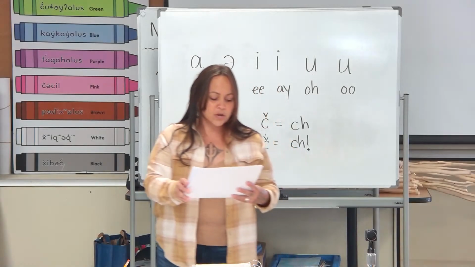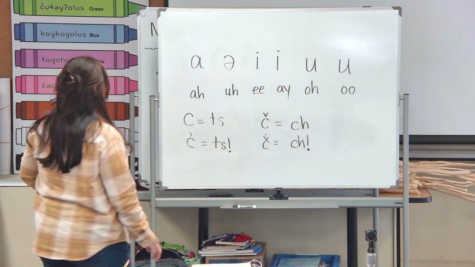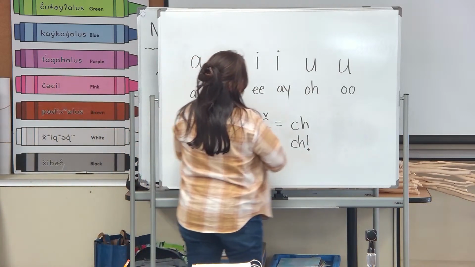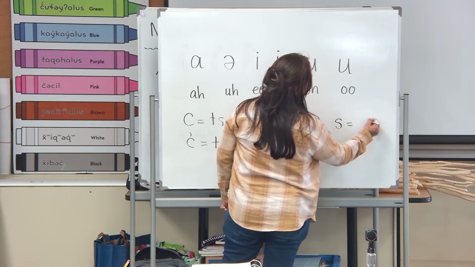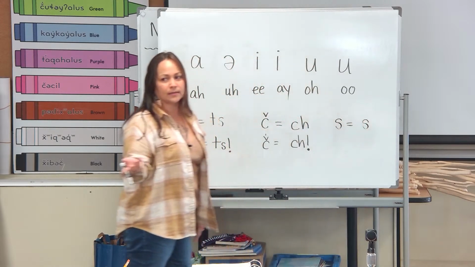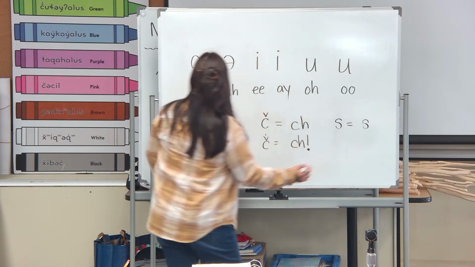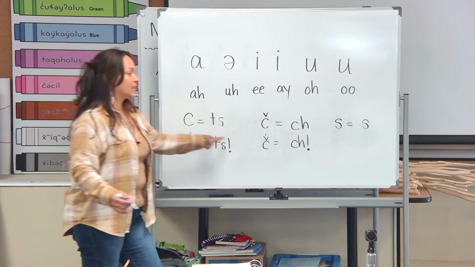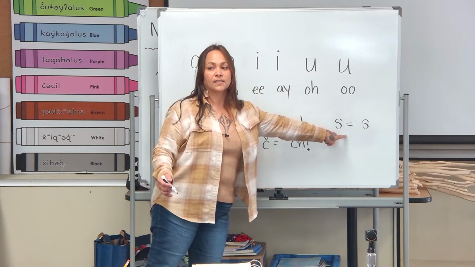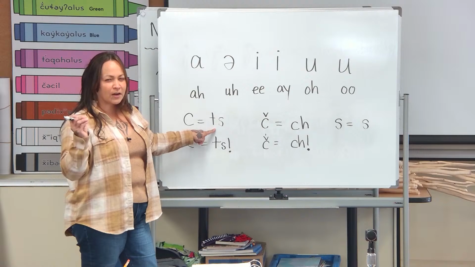All right, we are going to add the two S sounds. Regular S, same as an S in English. Not to be confused with C. Those are very, very close.